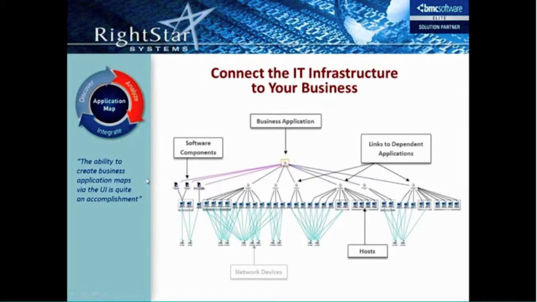Okay, so one of the key things that you'll see with agent discovery, again, because some of my other applications are able to utilize this information or consume this data, is the maps that are generated. So at the uppermost part of this, you'll notice I've got my critical business application.